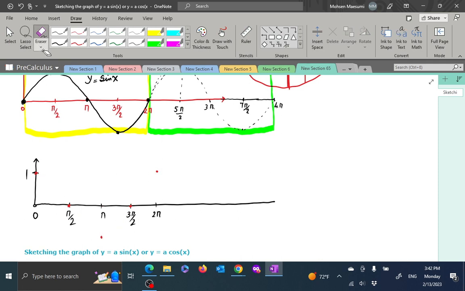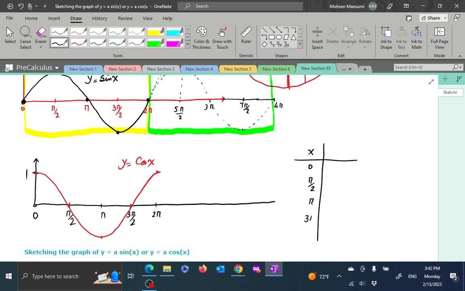Well, let me do a better job of this. So this is the graph of y is equal to cosine of x. You have to keep in mind the table that goes with cosine: x goes 0, pi over 2, pi, 3 pi over 2, and 2 pi.